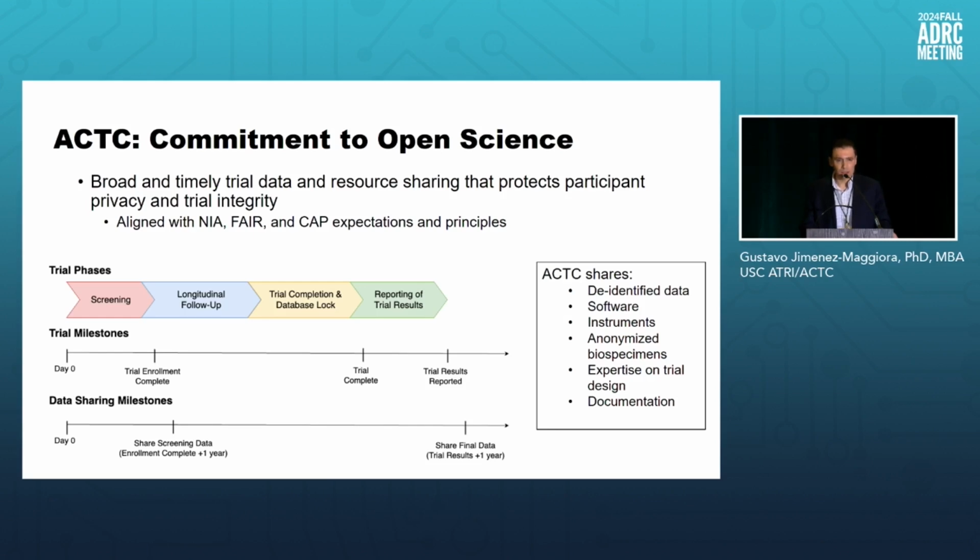More specifically, ACTC shares not only de-identified data, but also software, instruments, anonymized biospecimens, and expertise on trial design and documentation. And we share these resources at two critical time points in the trial lifecycle. The screening data for our trials is shared 1 year after the completion of enrollment, and the final study data set is shared 1 year after a trial completes and the primary results are reported.